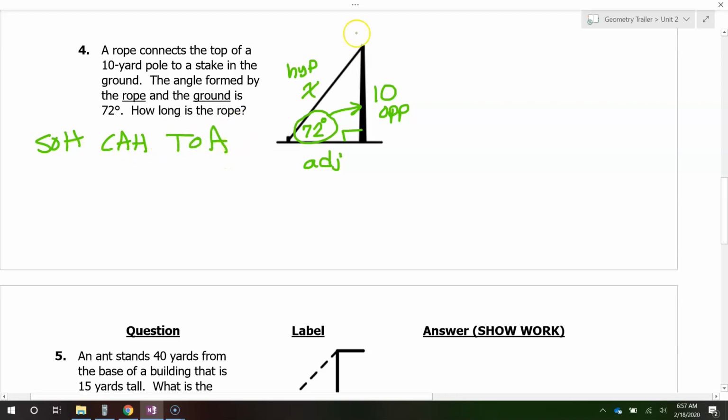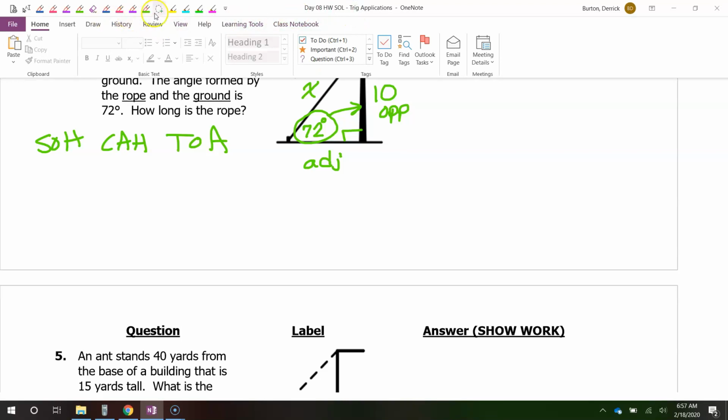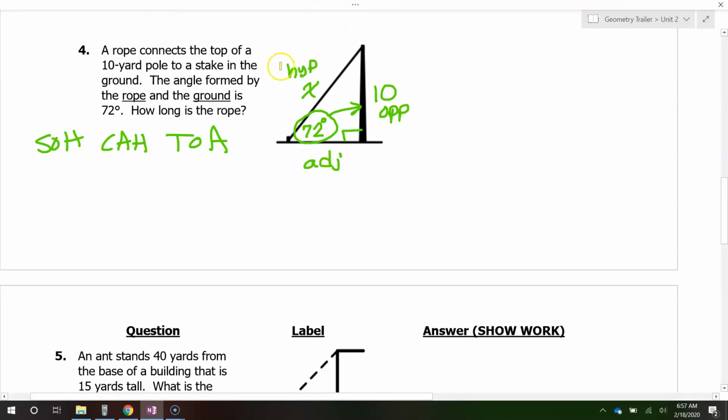Which one are we going to use? Well, looking at the sides, which two sides are we dealing with? Of course, we have the 10, and we are looking for the x. So those are the two sides we're dealing with. Notice that the adjacent side, there's just nothing there. There's no x, there's no number. So that is opposite and hypotenuse.